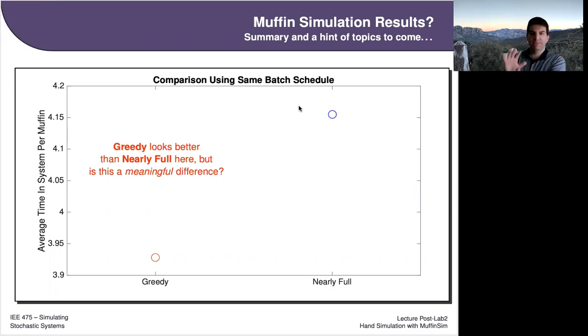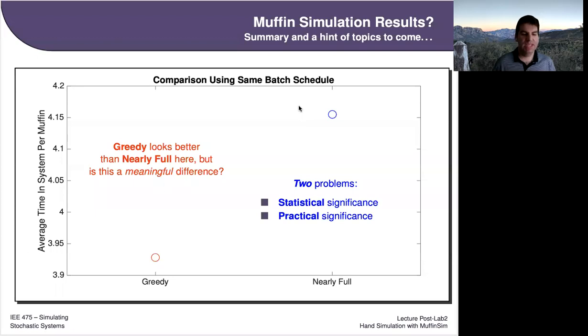If I shove it through a nearly full, I would get this other number. And for this particular schedule, it just so happens that greedy is better than nearly full. But the real question is how generalizable is this schedule? If my claim is that this is one of the 10 different schedules that you could get, then what we need is more schedules.